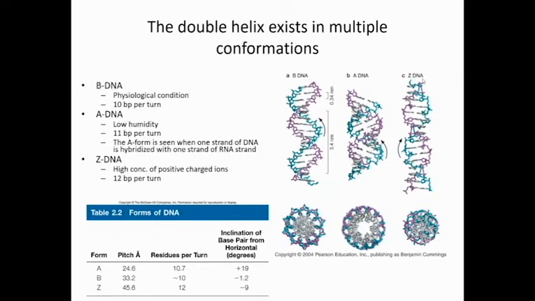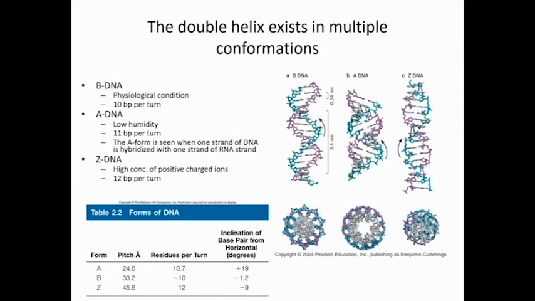It's left-handed DNA, extremely tight, with 12 base pairs per turn. It's a tightly packed DNA, present in a very high concentration of positively charged ions, like sodium or magnesium.